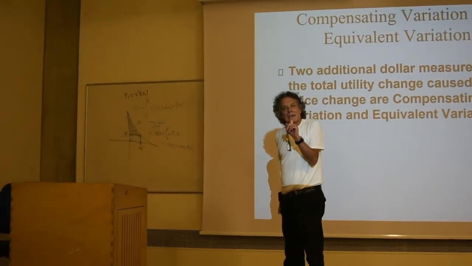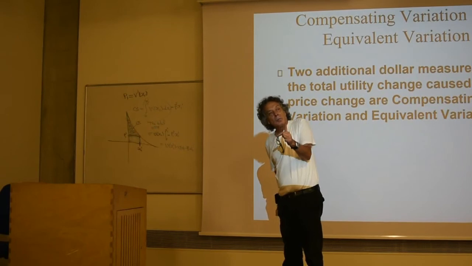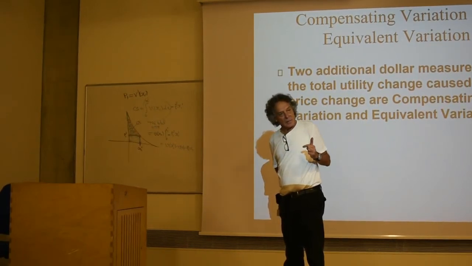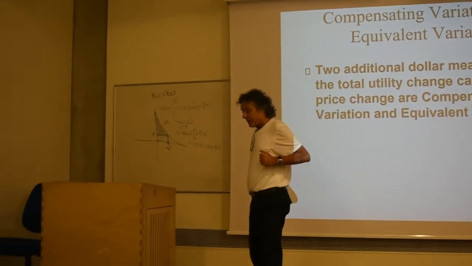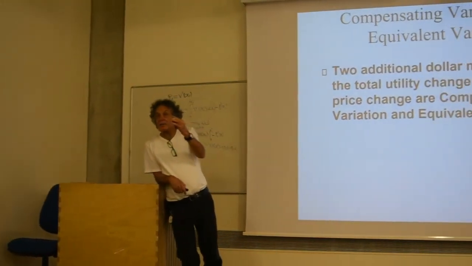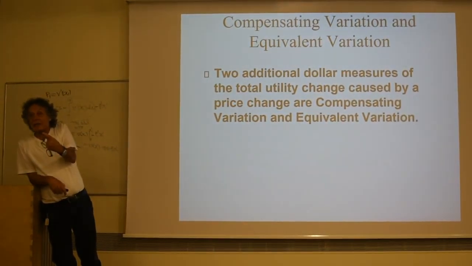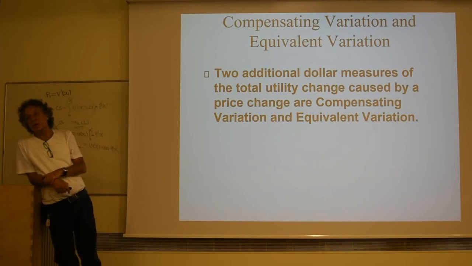It doesn't mean that I have to give them the same money so as to enable them to buy the previous optimal bundle. I may give them less money to allow them to buy a different bundle, but that bundle will give them the same utility as they had originally.